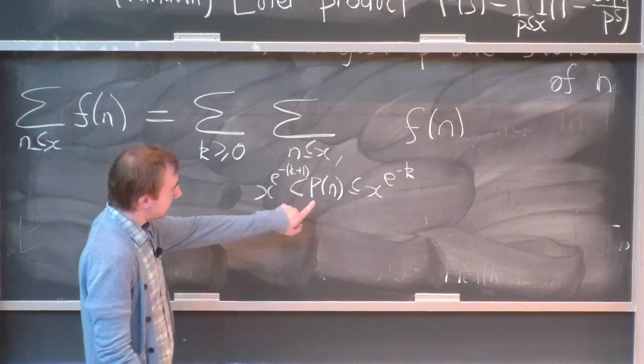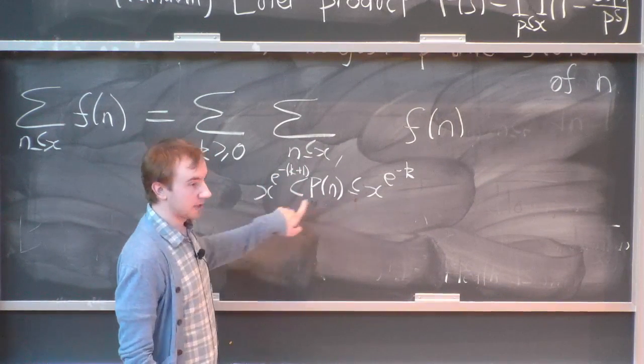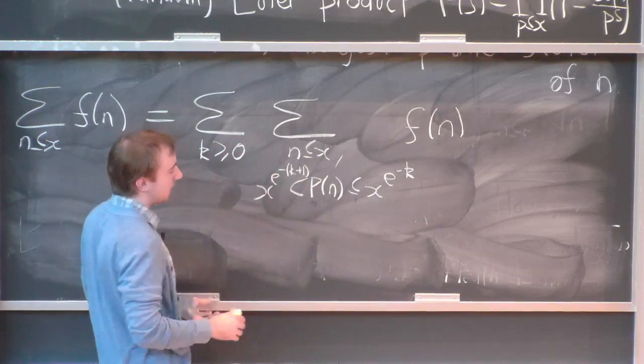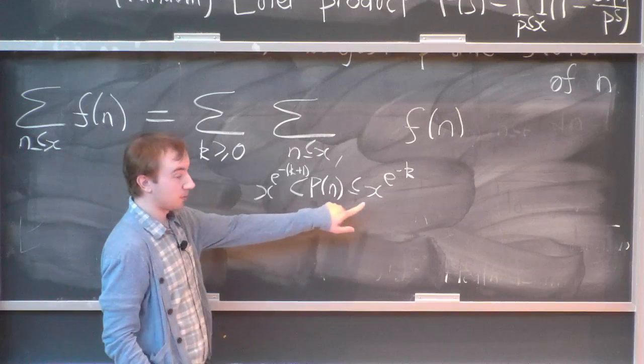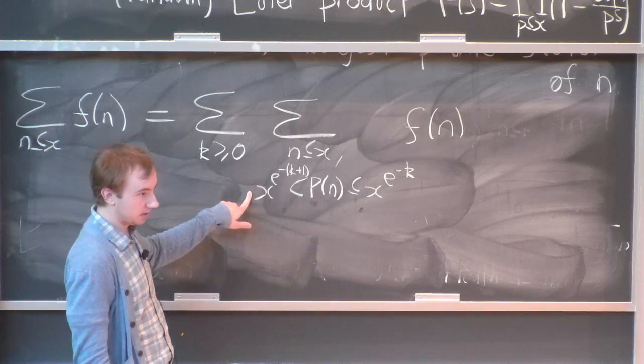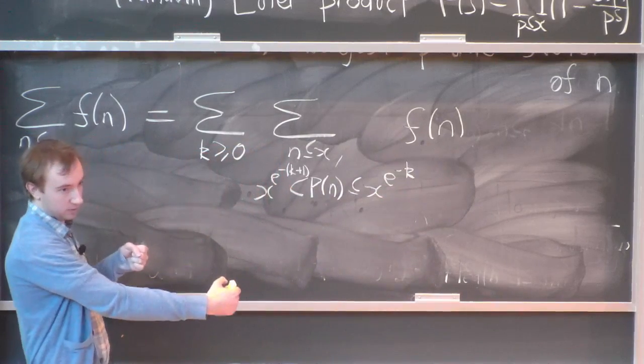And then I can split up this sum, so every number here has at least one prime factor on this range, and none which are bigger. So I can split these numbers up into the piece which has all of its prime factors on this range, and the piece which has prime factors smaller than this. And since f is multiplicative, when I do that, f will split up over these two sums.